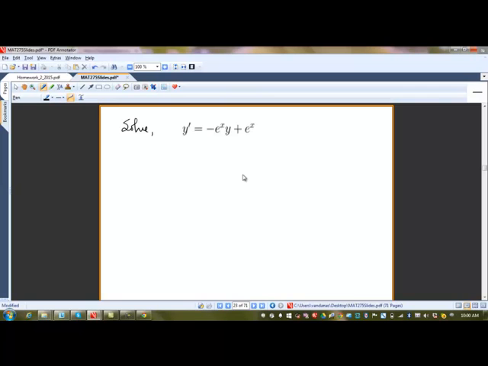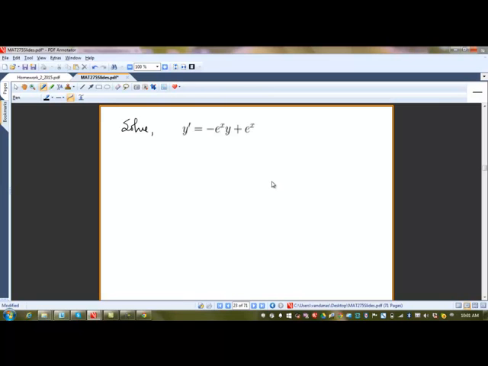Can you separate it? I want an answer from everyone. You have to try it. See, can you write it as f of x dx equals g of y dy? If you can, then we don't have to invoke a new method. We can just do it by that.